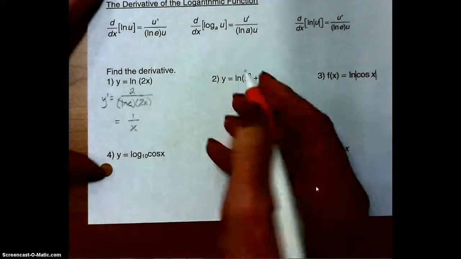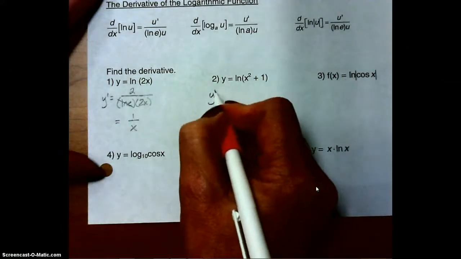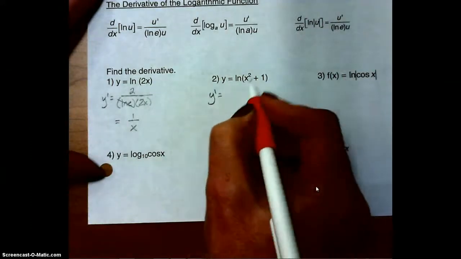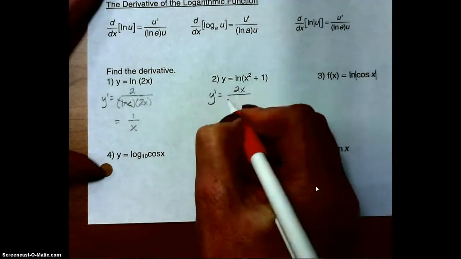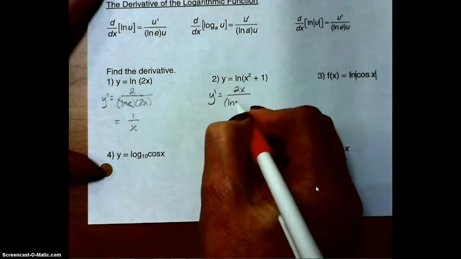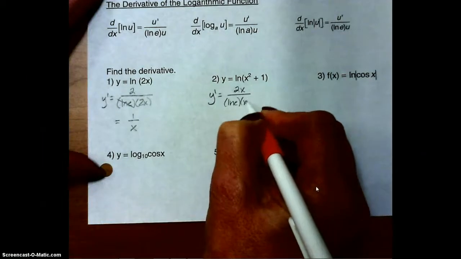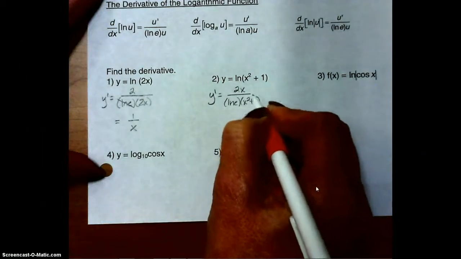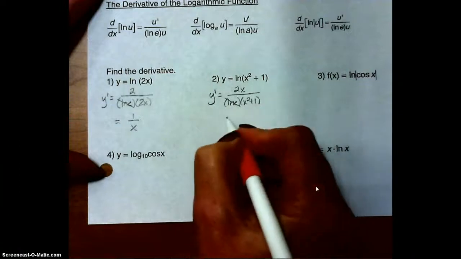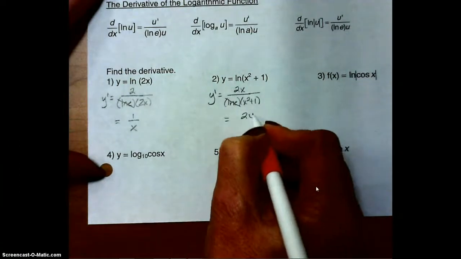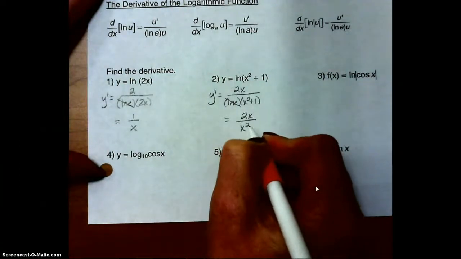Over here, y prime equals the derivative of u is 2x. It's a natural log, so you'll divide by the natural log of e times x squared plus 1. Natural log of e reduces to 1, so we'll get 2x over x squared plus 1.